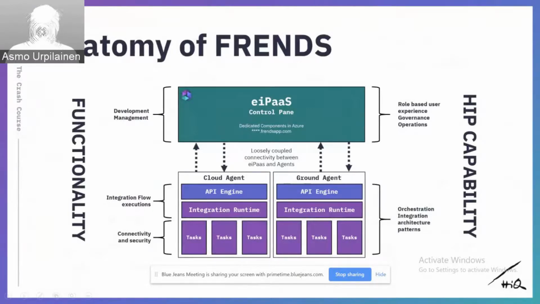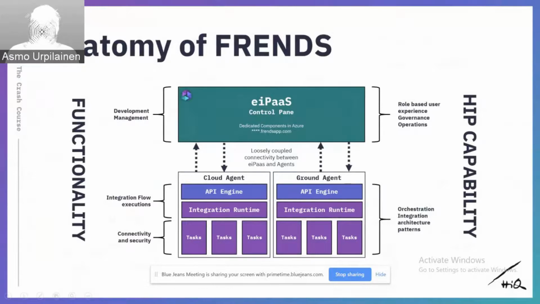Everything is then, of course, also built on top of the low-code mini services or tasks that we are talking about, and combining those different tasks and mini services is what creates the functionality for either the API or the traditional integration.